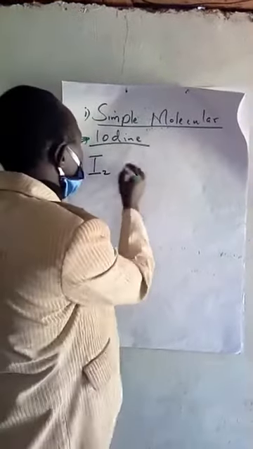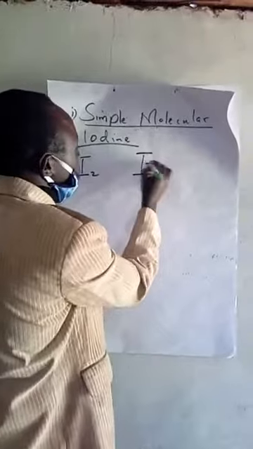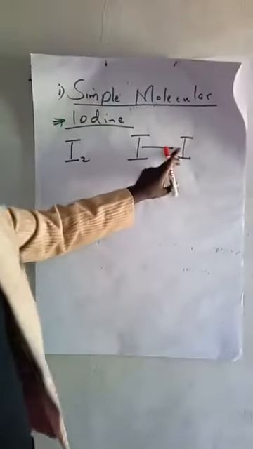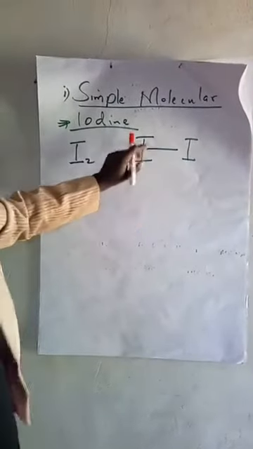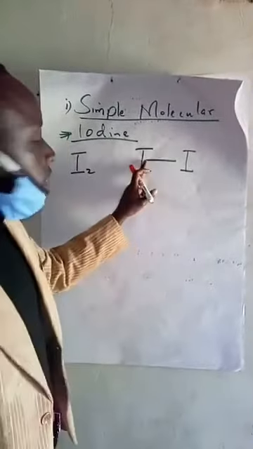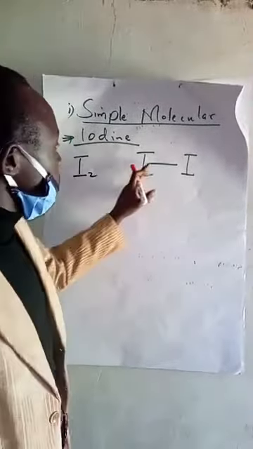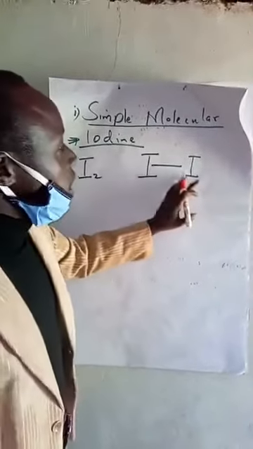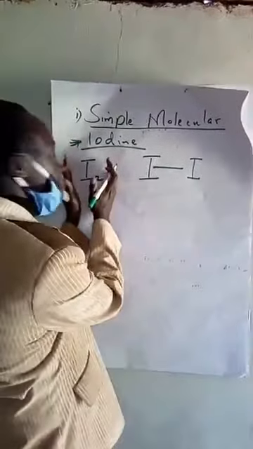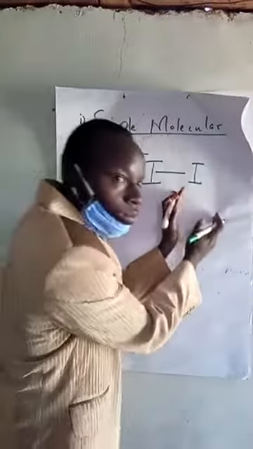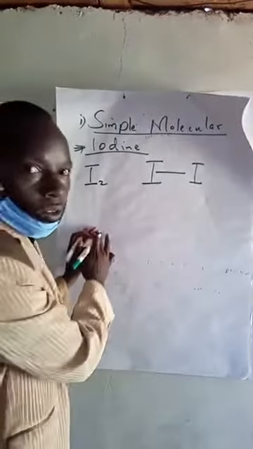So therefore, this is the same as saying iodine and iodine. This one here, as we said in our last lesson, represents a covalent bond. That is an X and a dot. As we say, this is a pair of electrons. So in the iodine molecule, we have 2 iodine atoms to form an iodine molecule.